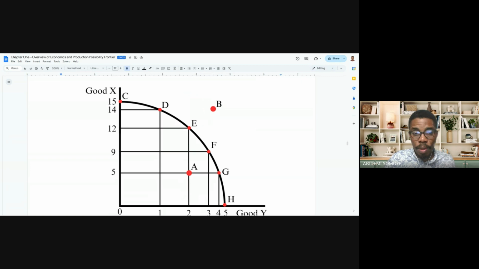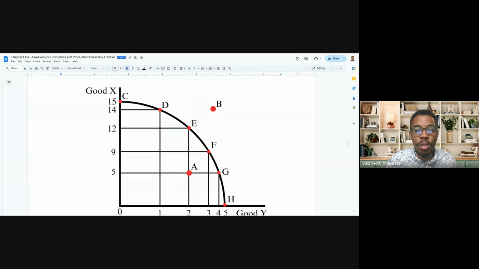But remember, any point within the curve is productively inefficient. You have unemployed resources. And a point beyond the curve, like B, means it's unattainable at the moment. Can it be attainable? Yes. If some forces are present, then it can be attainable. So that is clear.